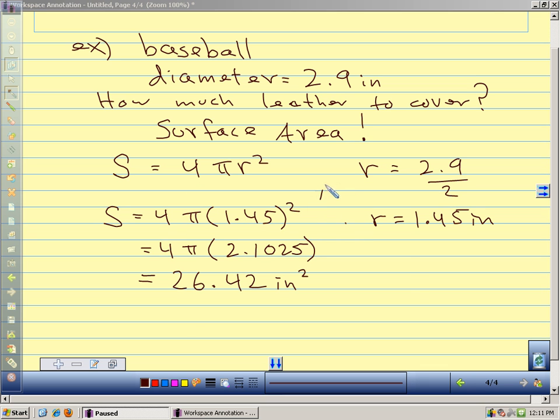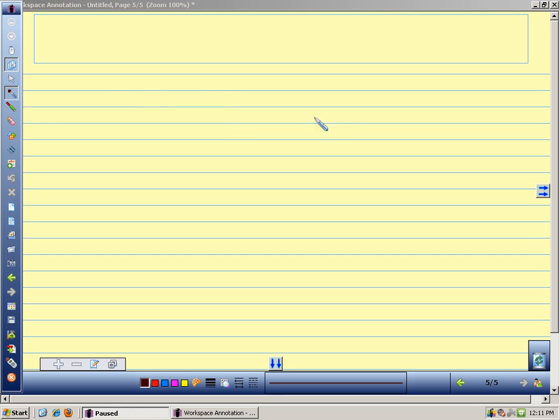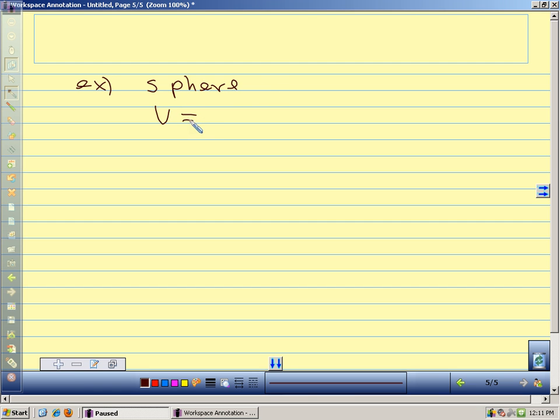All right, so let's look at another example. We have a sphere. And our volume equals 1,000 cubic meters.